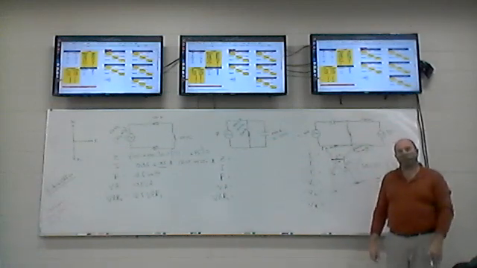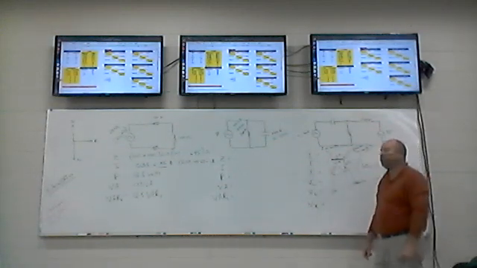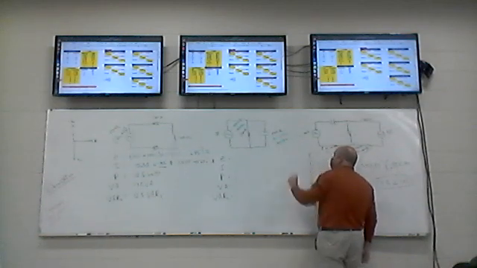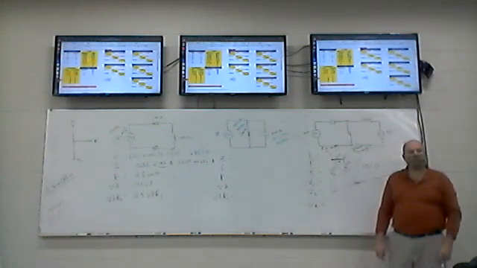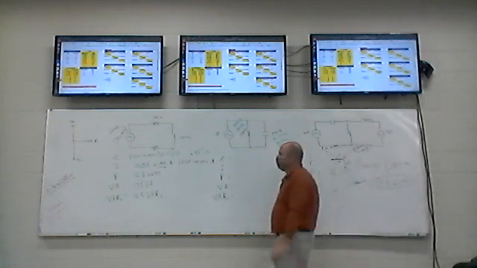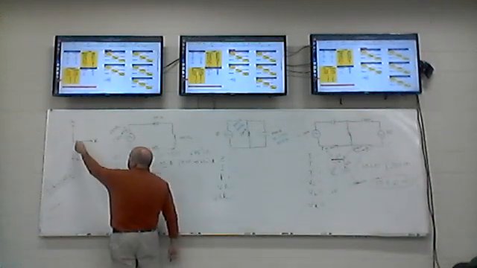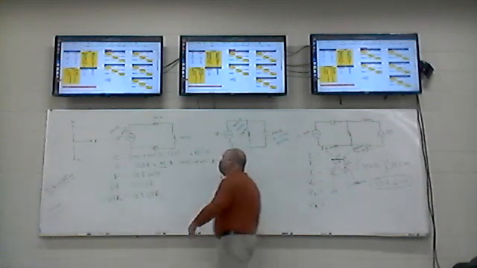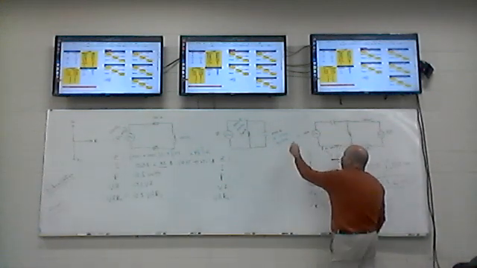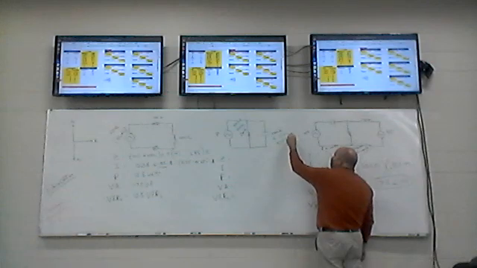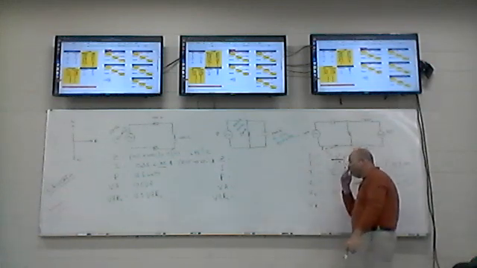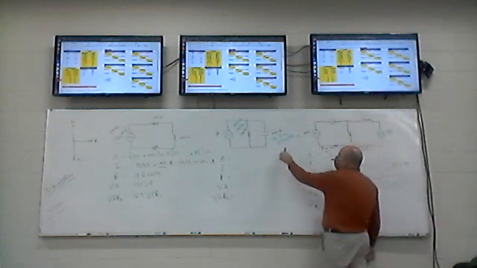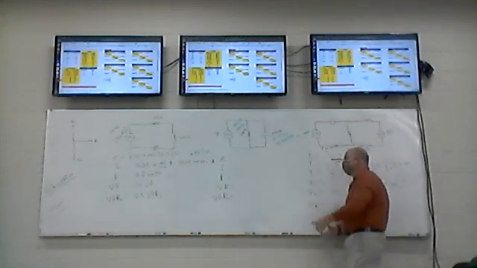Or how else can I write it? 200 angle what? Negative 90. So if I start here and I do my angle, it's negative 90. For a capacitor, that's always the case. It's not going to change on you. Okay? So these are my two impedances in imaginary form.